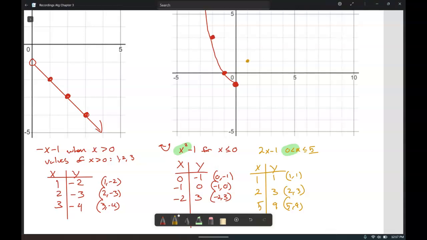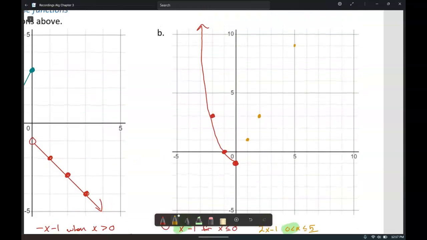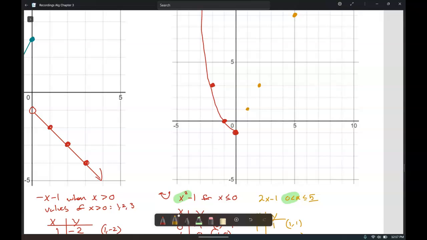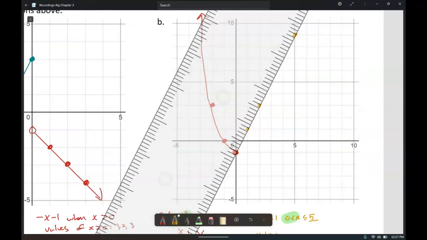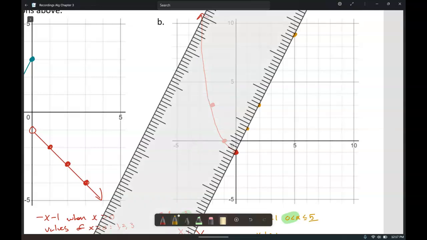Now 2x minus 1 is a linear equation, so it will be a straight line. And again, we need to go all the way up to 0, but not past 0. And because that's already a point that's on our line, we don't need to do an open circle.